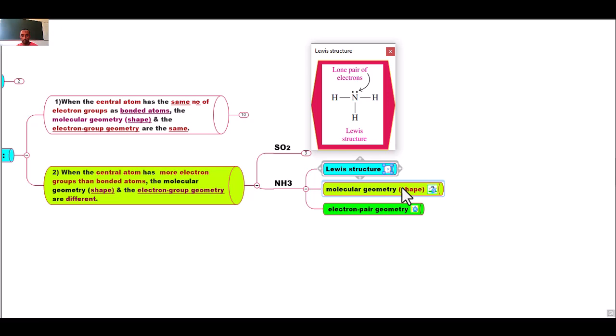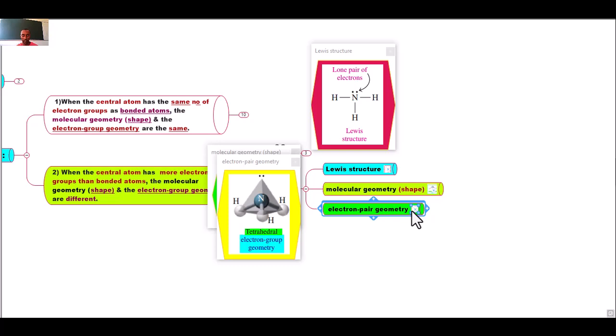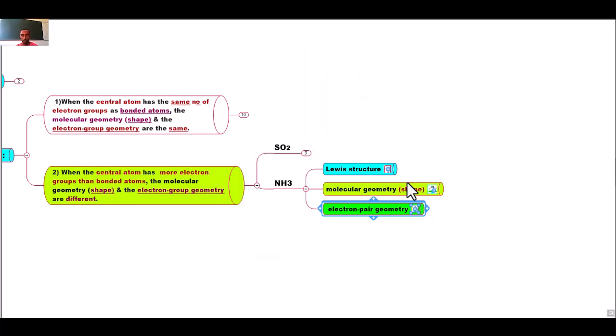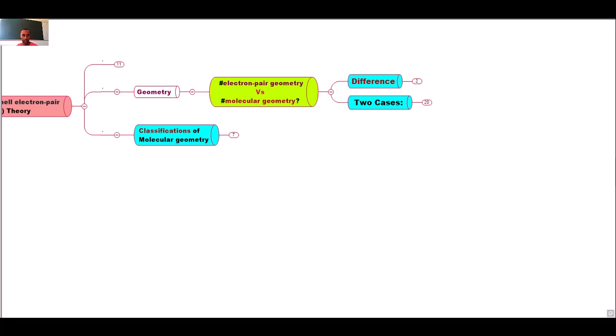The molecular geometry is trigonal pyramidal, whereas the electron pair geometry is tetrahedral. So this is the way of identifying the molecular and the electron pair geometry.